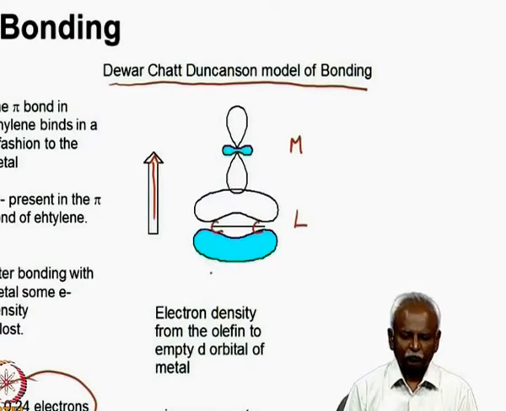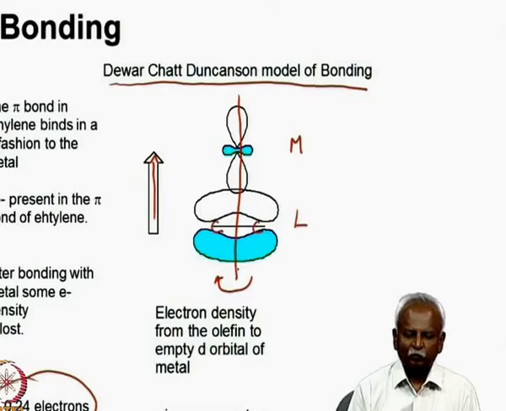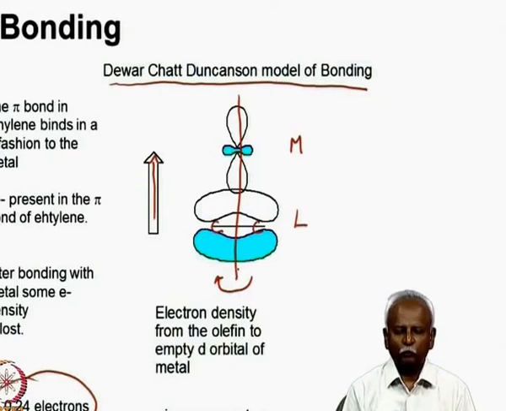So, this is the sigma interaction. We call it sigma interaction because one can rotate the olefin about this axis, and you will not lose any overlap as you rotate the olefin.